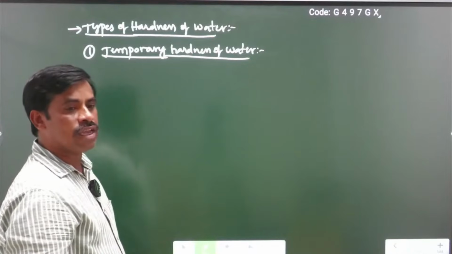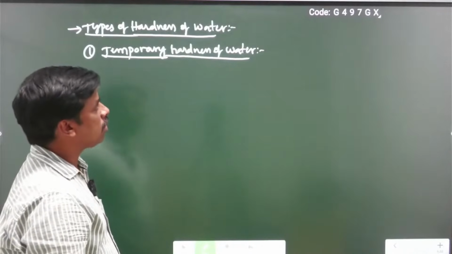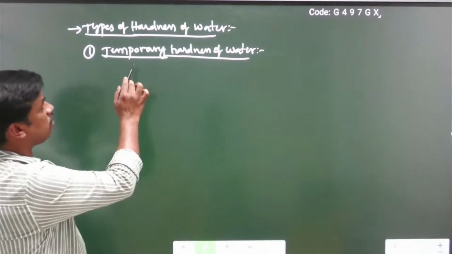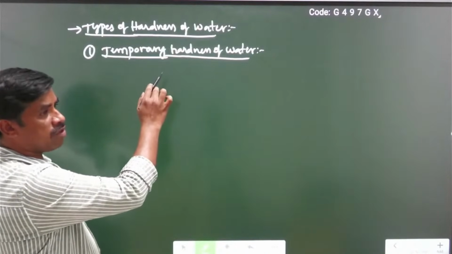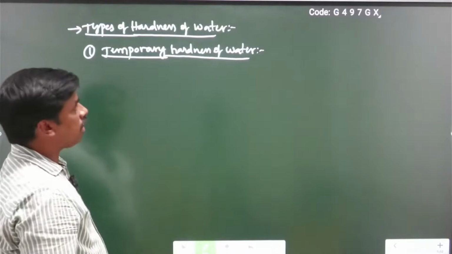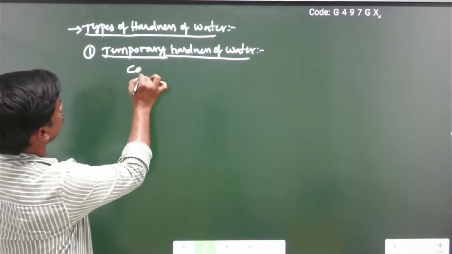This hardness can be removed by boiling. Calcium and magnesium bicarbonates are responsible for temporary hardness.